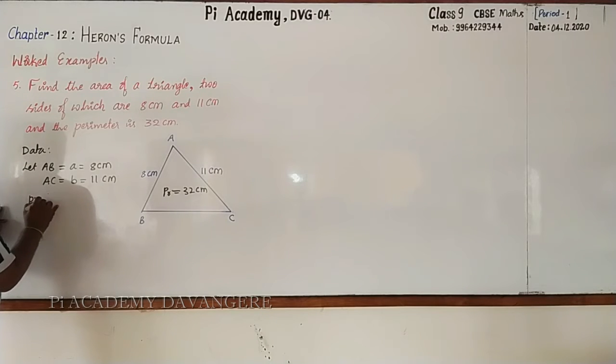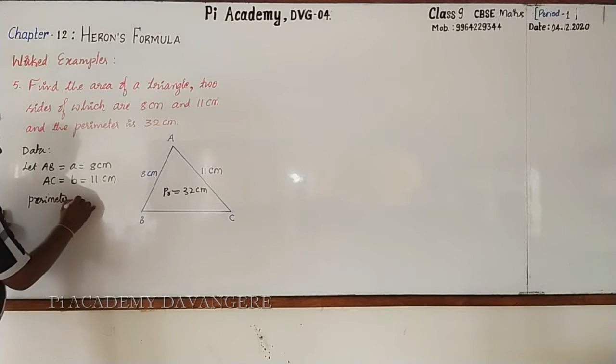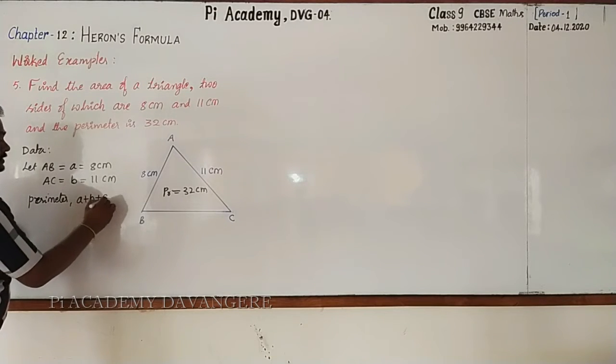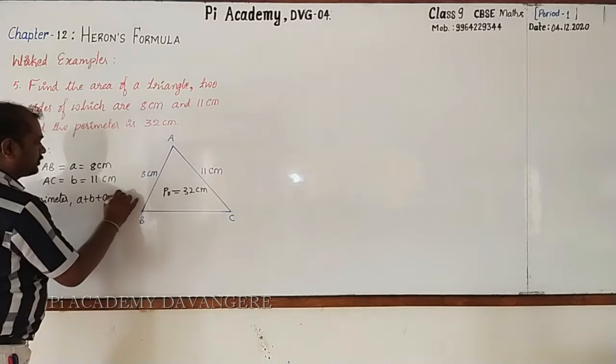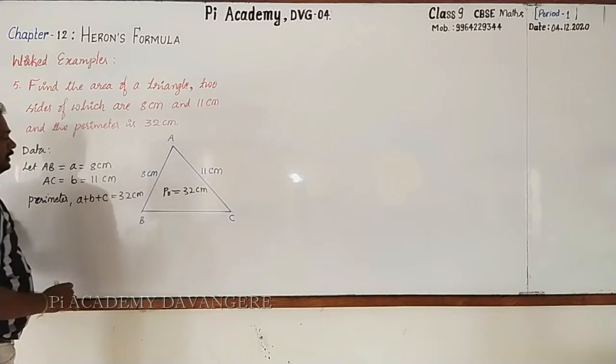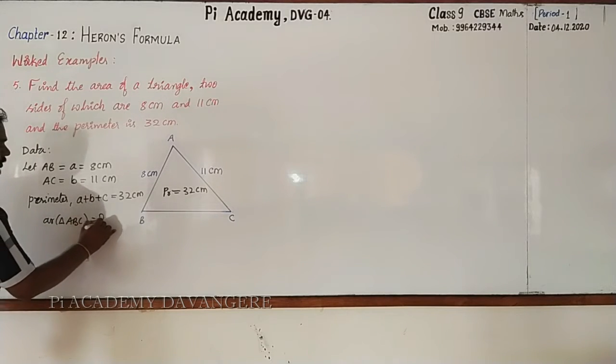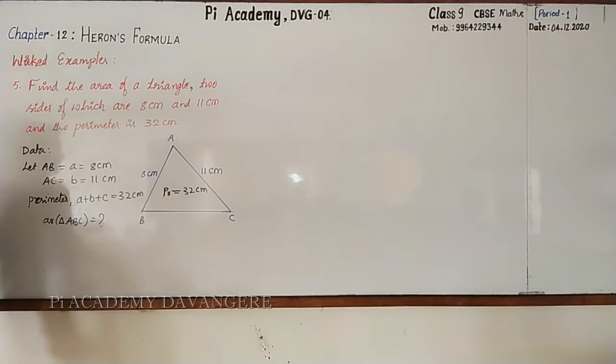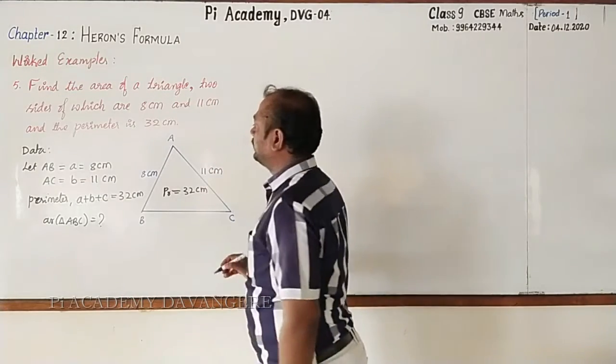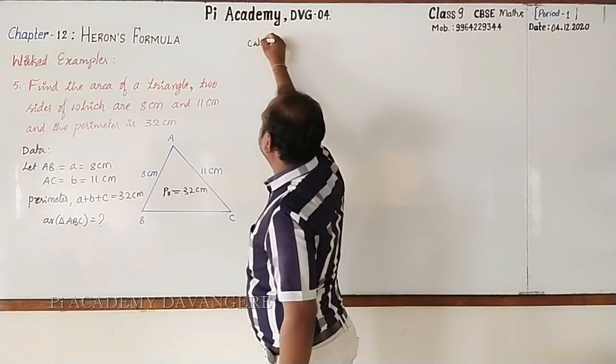Perimeter is A plus B plus C, where C is the other side. It's equal to 32 centimeter. With this information, we have to find out the area of triangle ABC. This is clear? Okay.